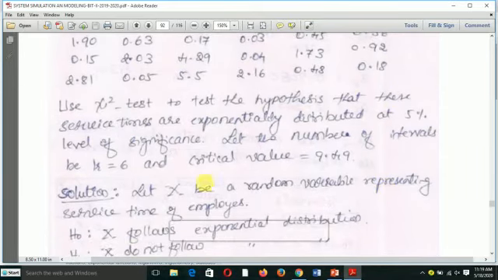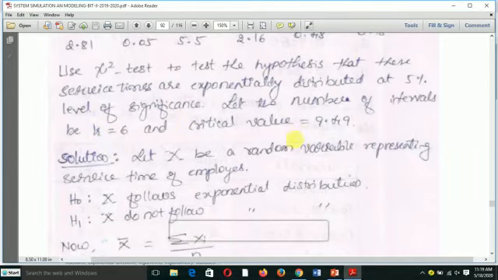So they tell us that you have to use the chi-square test to test the hypothesis that those service times are exponentially distributed at 5% level of significance. Here we suppose that k is equal to 6, and the critical value is 9.49.